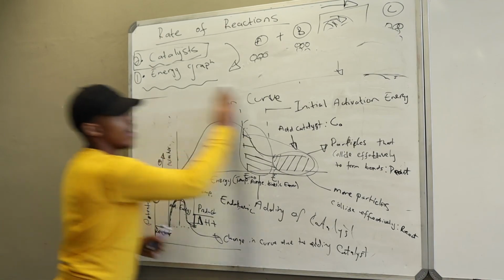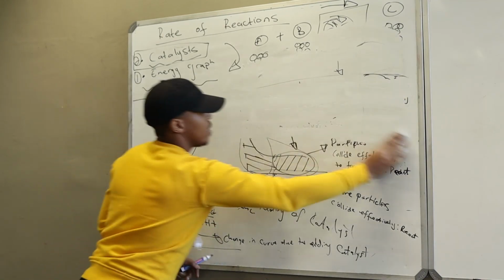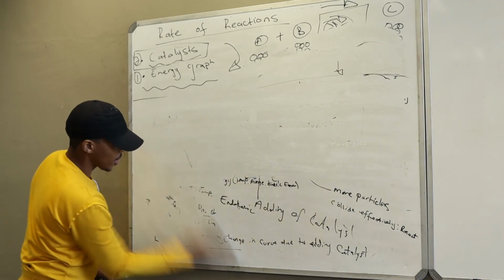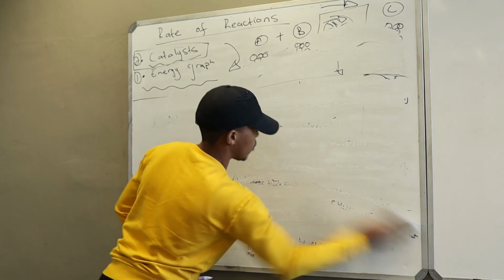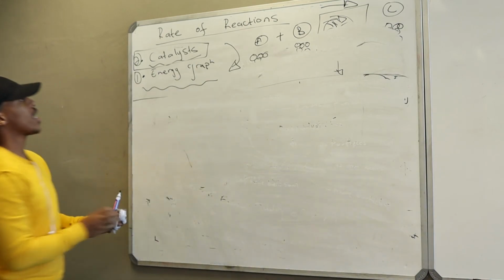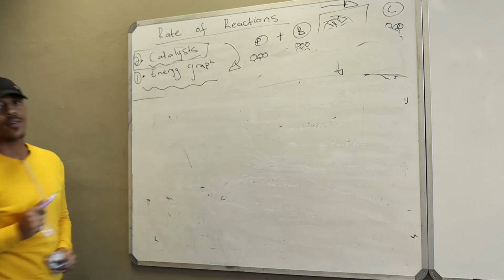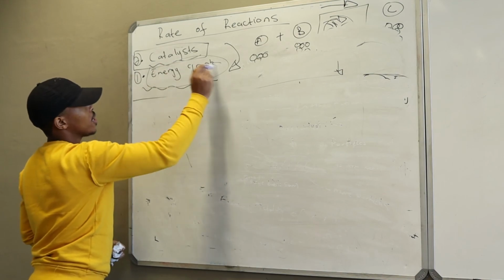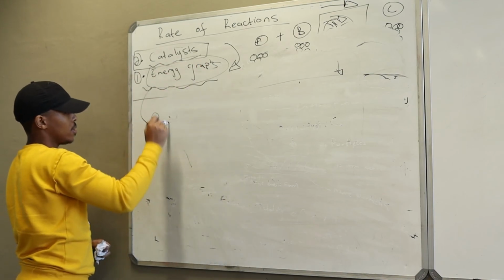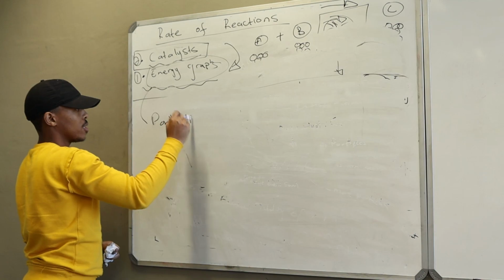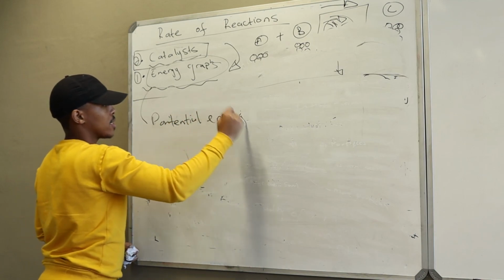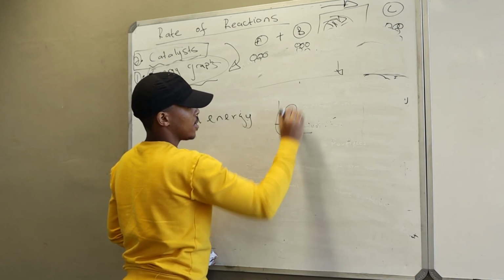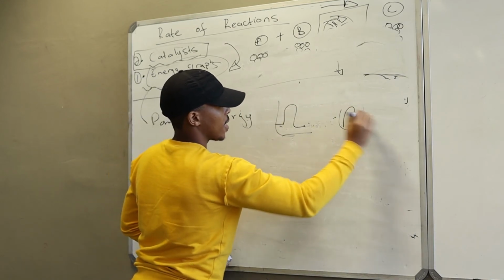Quick recap of what we looked at today and what we understood today. What did we look at today? It's already on the board. We looked at catalysts, right, and how they affect reactions. We looked at potential energy graphs, right, those that look like this and like that.